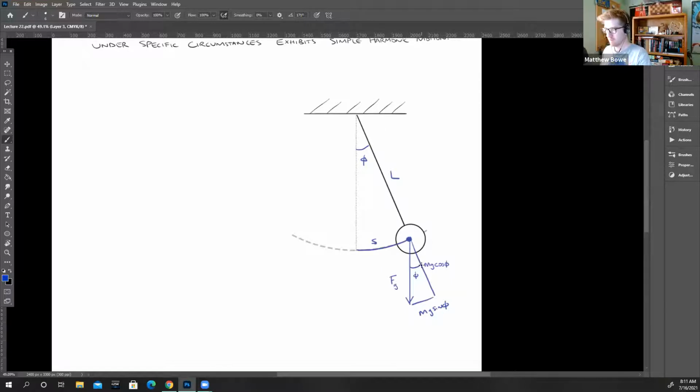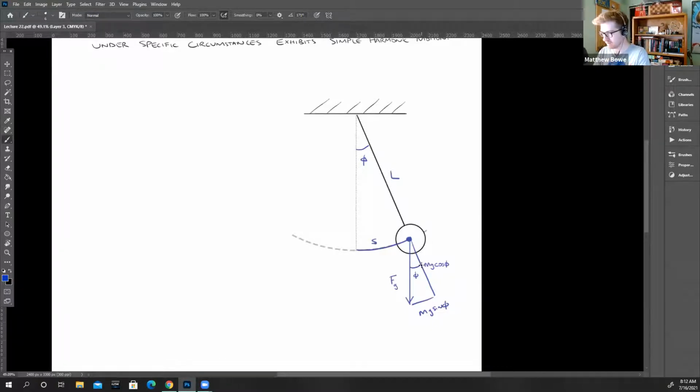All right. Now let's do some calculations with this. Let's say our goal, what we're trying to figure out, is how long does it take for a pendulum to swing?